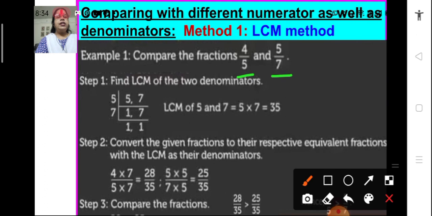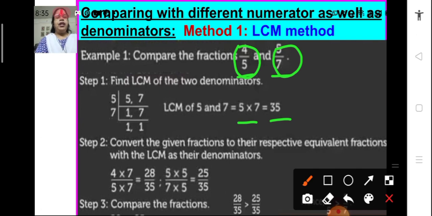Okay, so what is the LCM of 5 and 7? Since both of them are prime numbers, their product is their LCM. In the next step, we convert both these fractions, 4 upon 5 and 5 upon 7, into equivalent fractions by taking the LCM as the denominator.